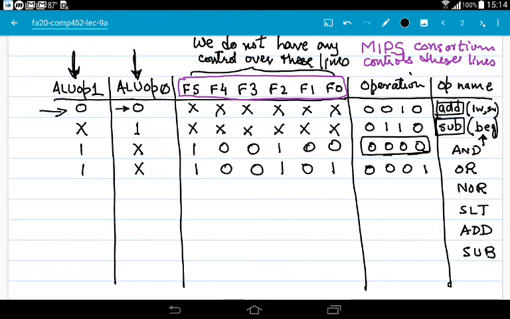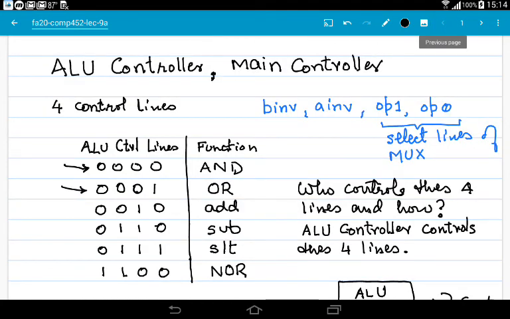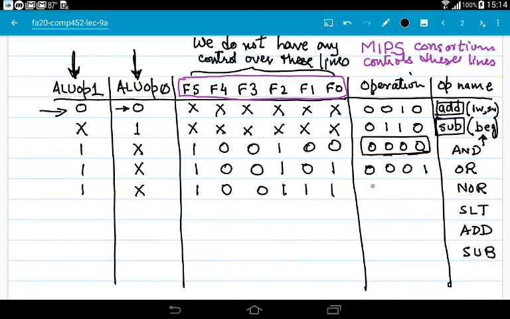Now let's look at the NOR operation. The function code is hex 27. So this is hex 27. And what will be the output bits for NOR operation? 1100.